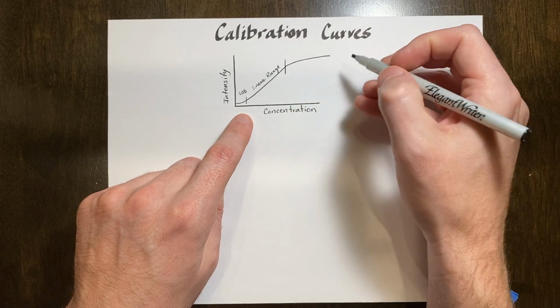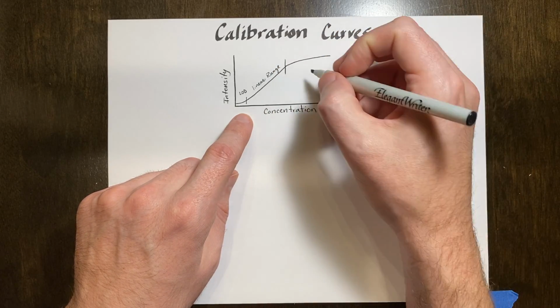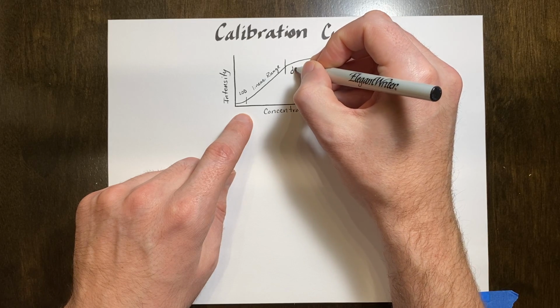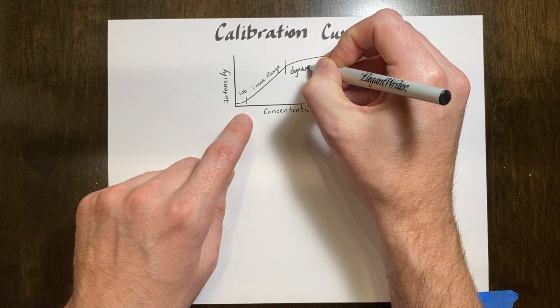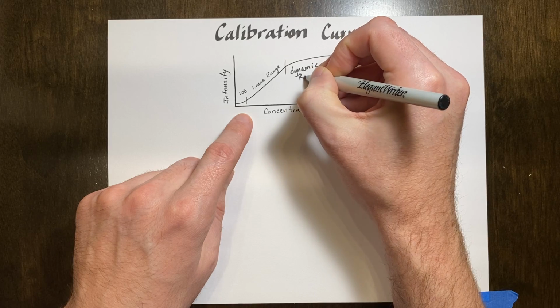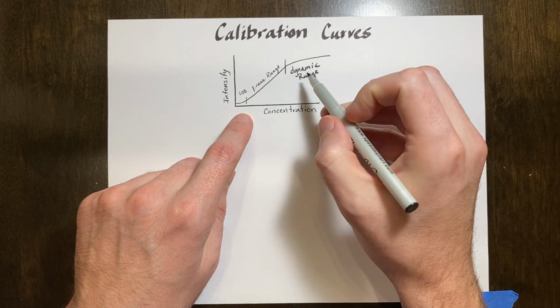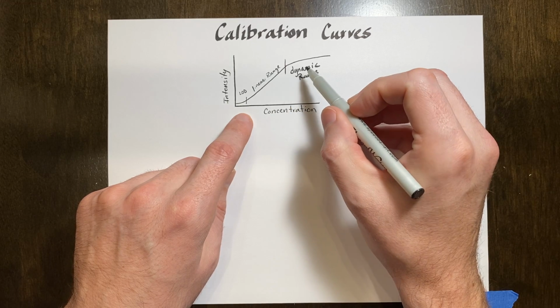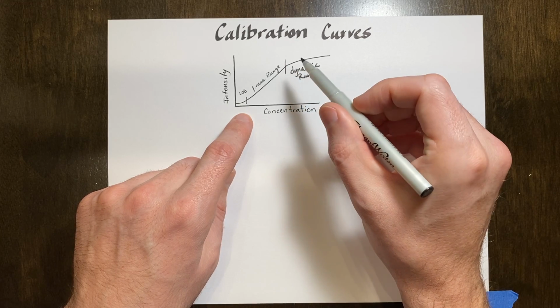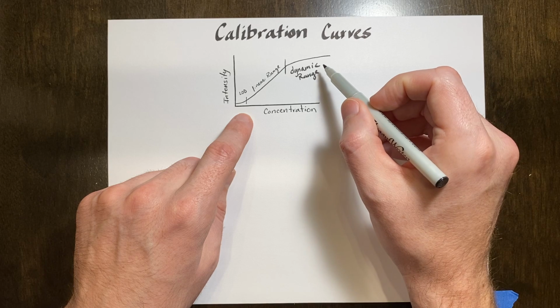And then we'll have a portion of our curve that is a dynamic range. It's possible that when you get into higher and higher concentrations, the curve is no longer linear.